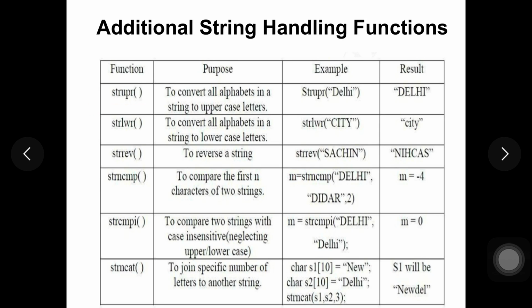You can see the example, string upper. You have one string, Delhi, where only D is capital and all the others are in lowercase. The result will be printed with all the characters in uppercase letters.